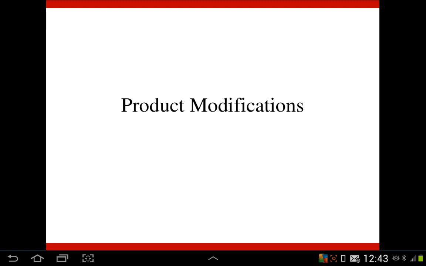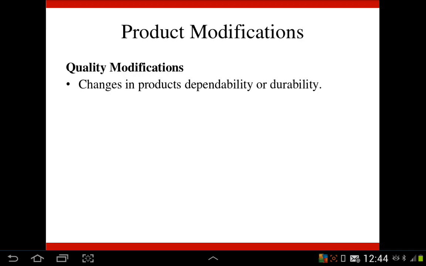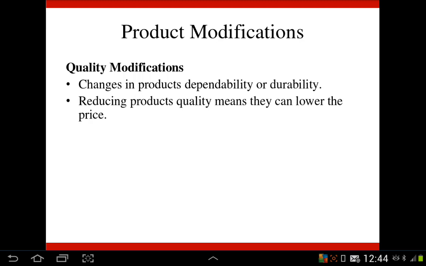Okay, so product modifications. The first type of modification you get is a quality modification, and that's where you make changes to how durable or dependable a product is, improving its quality. Sometimes companies might even reduce the quality of a product, because then they can charge a cheaper price.